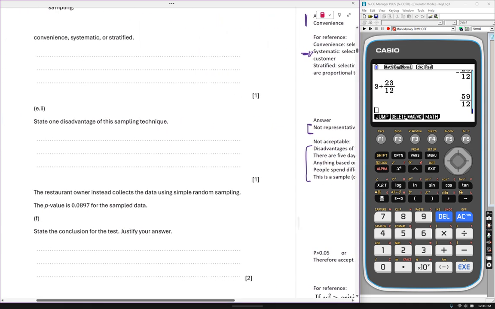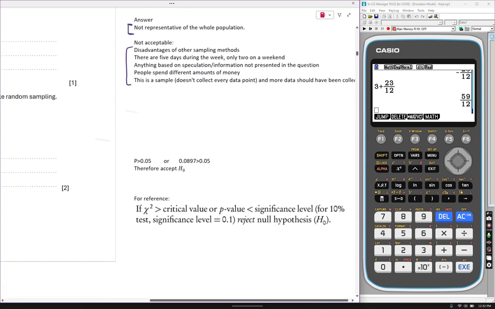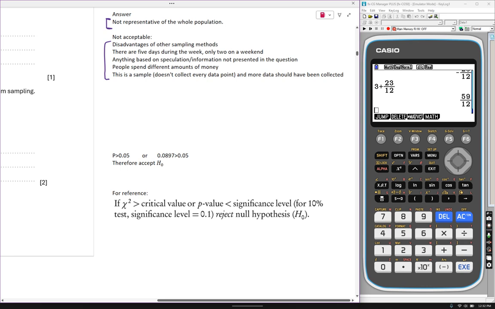Last question. It says the restaurant owner instead collects the data using simple random sampling. The p-value is 0.0897 for the sampled data. State the conclusion for the test and justify your answer. So the p-value is larger than 0.05.